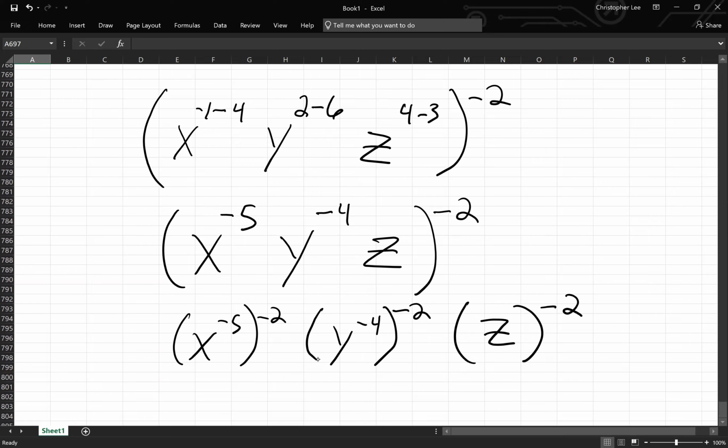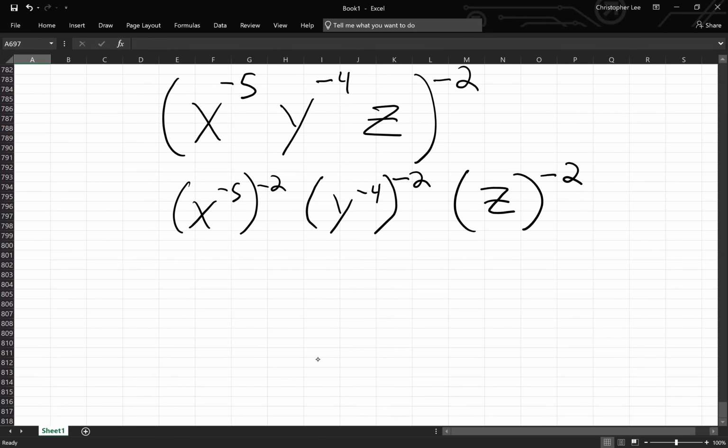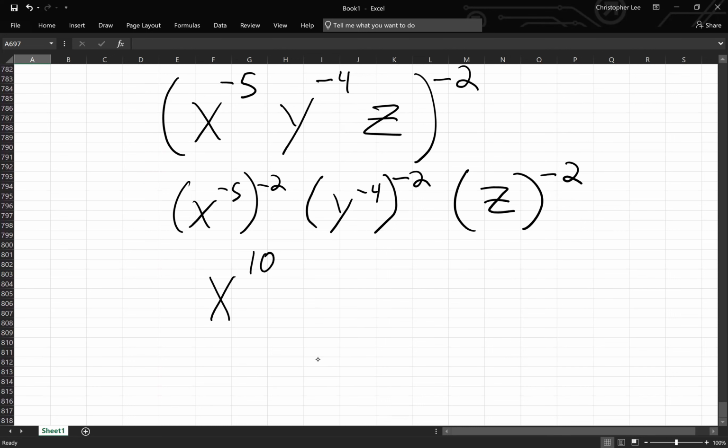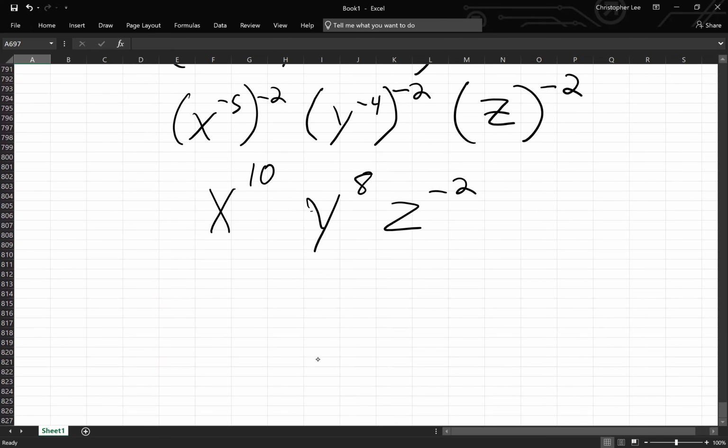So -5 times -2 is x to the 10. -4 times -2 is y to the what? 8. And then that's just z to the -2 power. Remember, it's illegal for me to have negative exponents in my answer. So final answer, x to the 10, y to the 8 over z squared.